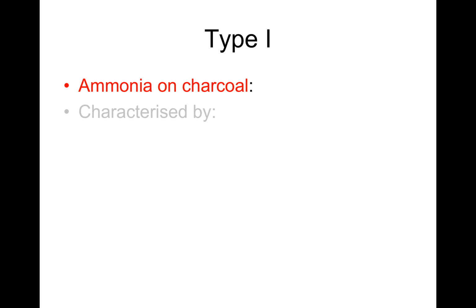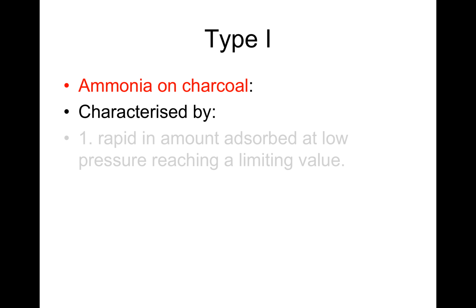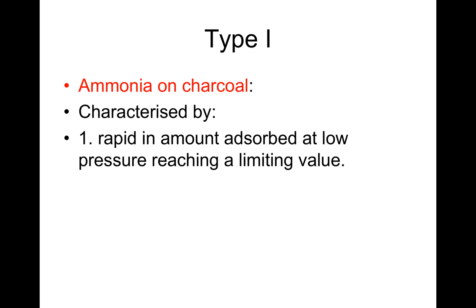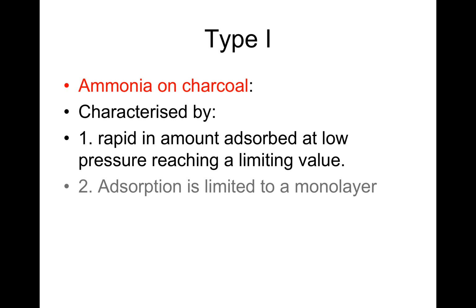Right, let's look at type 1. A very good example of type 1 adsorption isotherm is the adsorption of ammonia on charcoal. This adsorption is characterized by a rapid rise in amount adsorbed at low pressure reaching a limiting value, and adsorption is limited to a monolayer. What do we mean by this?